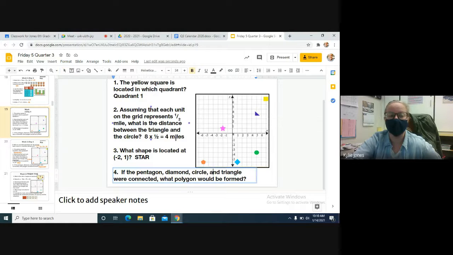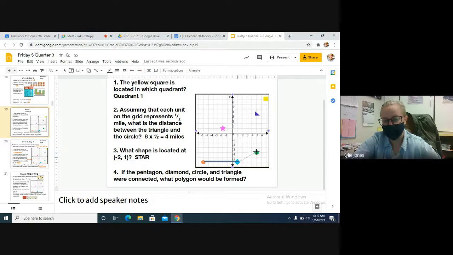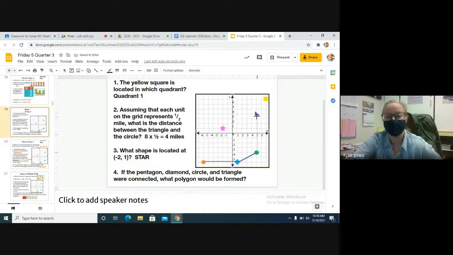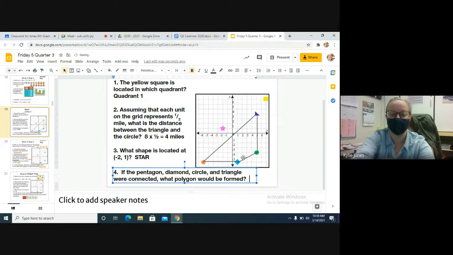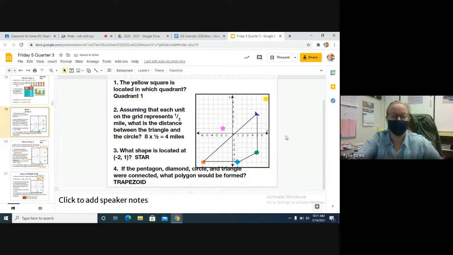So if we connect the pentagon to the diamond, to the circle, to the triangle, and then the triangle to the pentagon. It asks you what shape is created, and I heard a lot of you guys say it. What is this one called? A trapezoid. That one is a trapezoid. Okay?